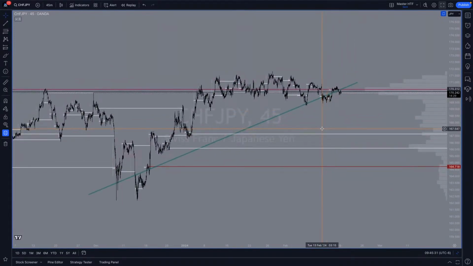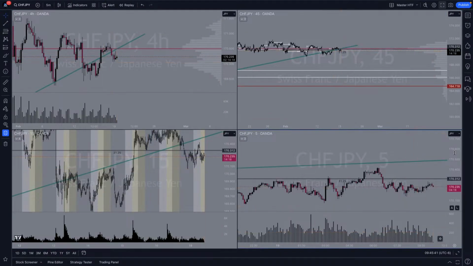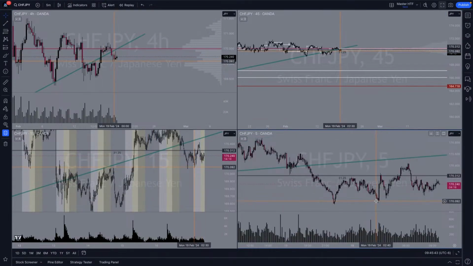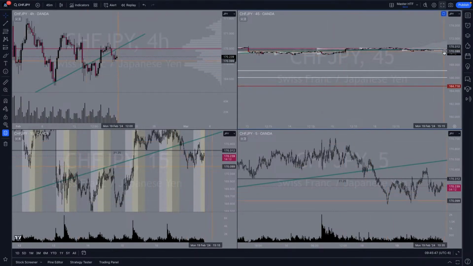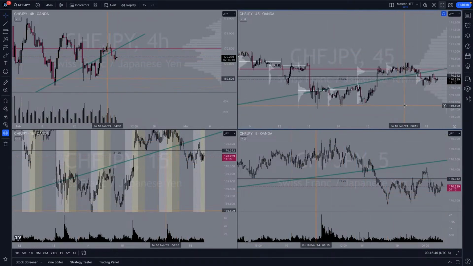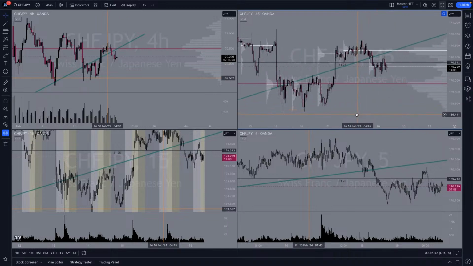It's a very messy line right there. Cut CHF. I mean CHF Gen.